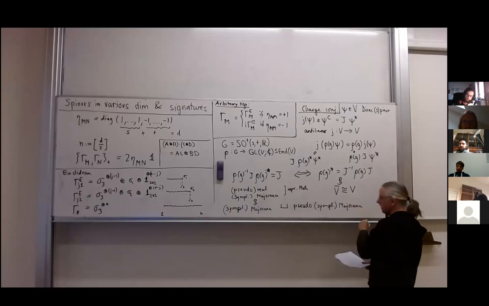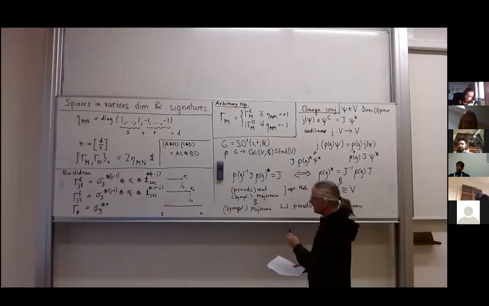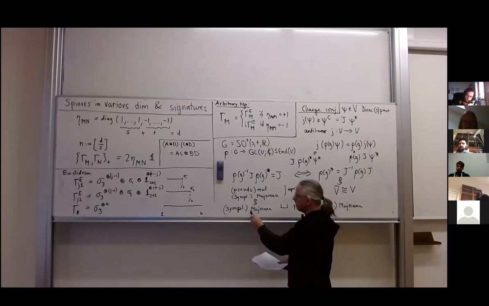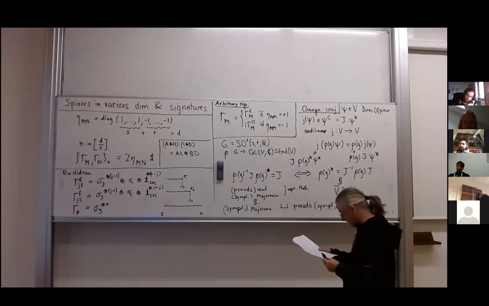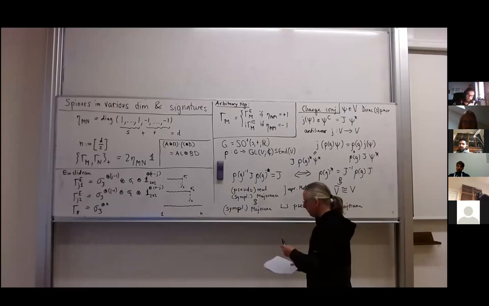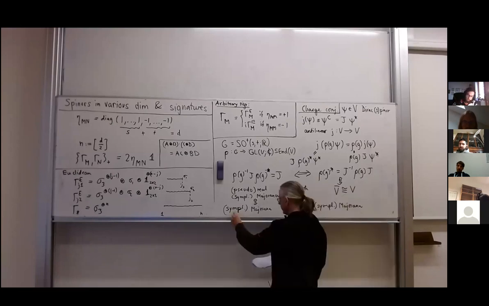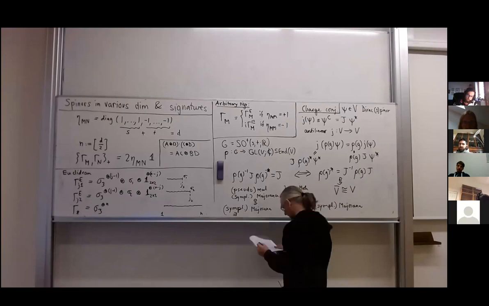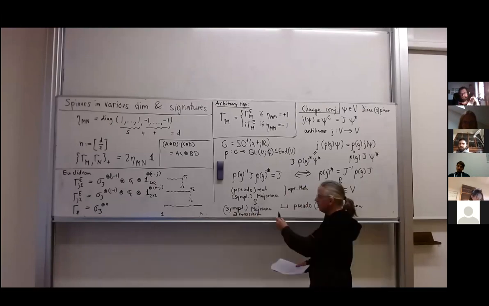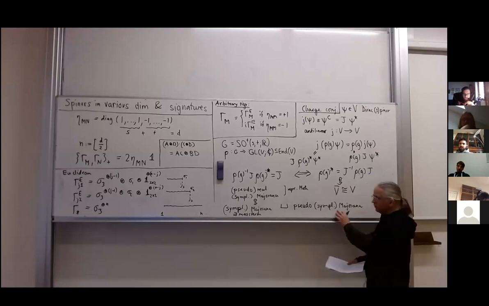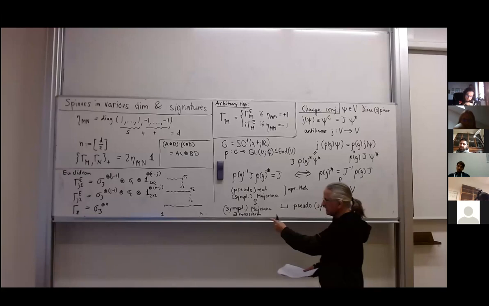And the difference is that physicists usually have some more criteria before they would say that this should be a symplectic Majorana, and one of them would be that you should be able to write a mass term for the Majorana spinor. If you cannot write a mass term, then you are in the pseudo Majorana case. So there should exist a mass term before physicists will call it a Majorana.